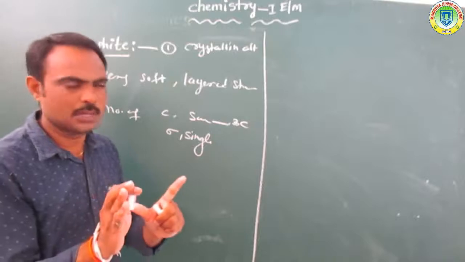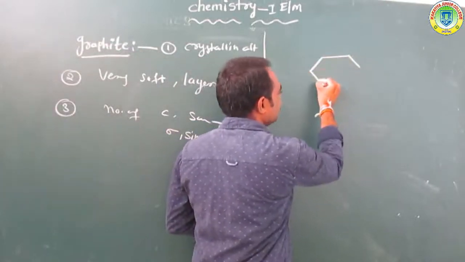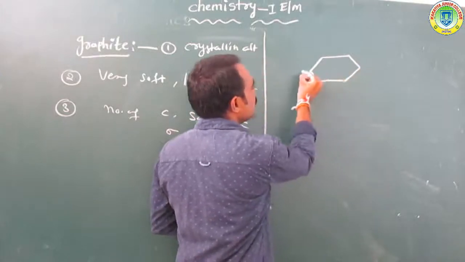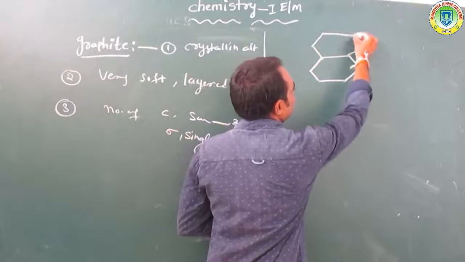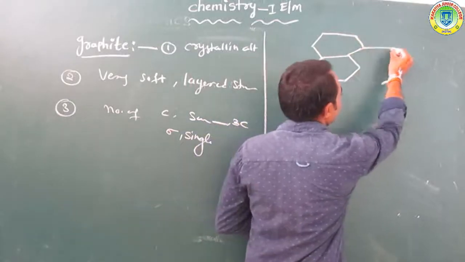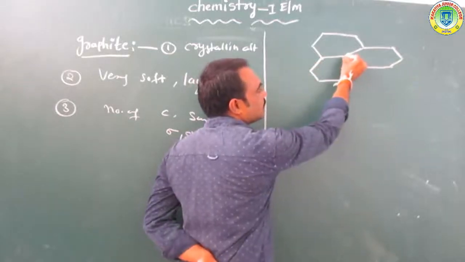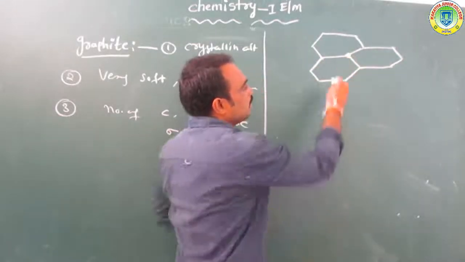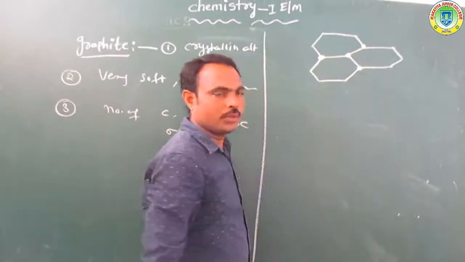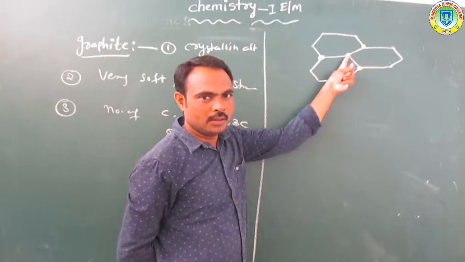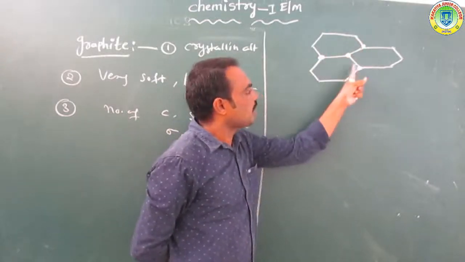Suppose, for example, we take this structure. This is one carbon, and this carbon is attached to the surrounding 3 carbon atoms.